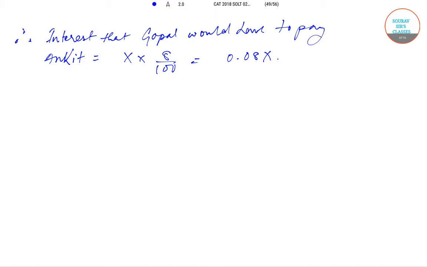And what did Gopal do? Gopal took that X amount of money and he added Y amount of money of his own, and he lent it, not back, he lent it to someone else, Ishan, at 10% interest rate.